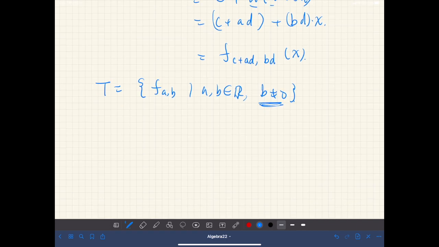Then T is a group, with function composition as the binary operator.